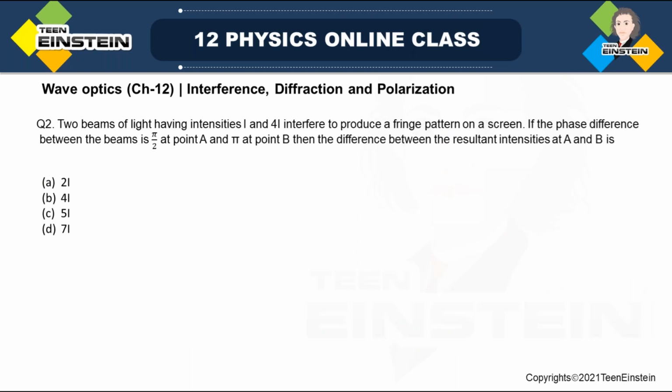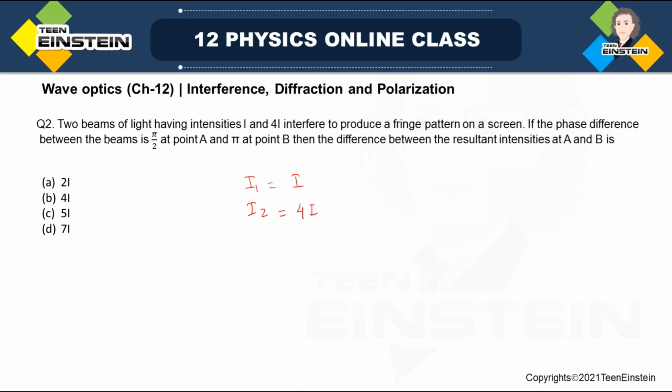So here, two beams of light having intensities I1 given as I and I2 given as 4I interfere to produce a fringe pattern on the screen.